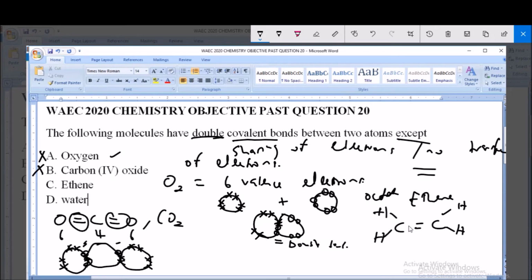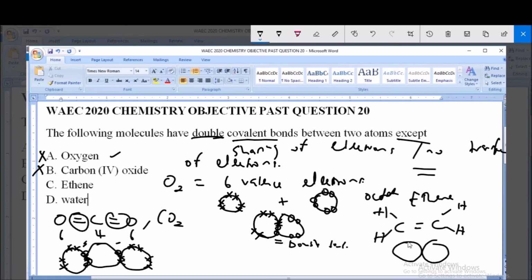Looking at this structure, you see that the double bond lies between the two carbon atoms you have. So the two carbon atoms each have 4 valence electrons, so it shares 2 of those valence electrons.